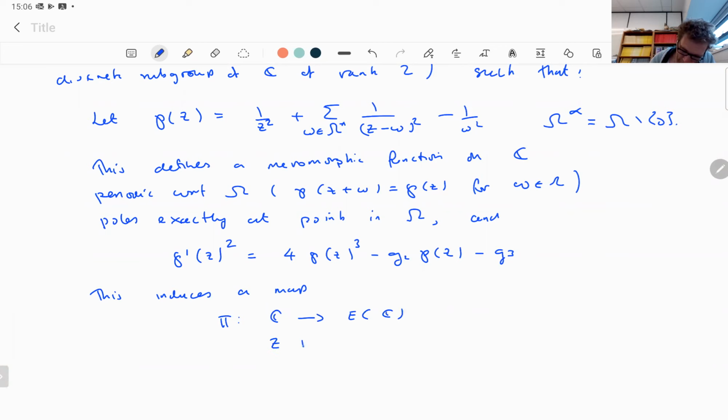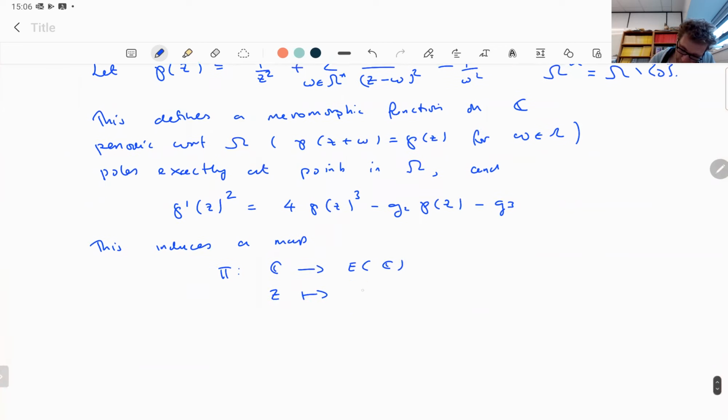So I send z to this point, an affine point, if z is not a period, not a lattice point, and I send it to the identity otherwise.